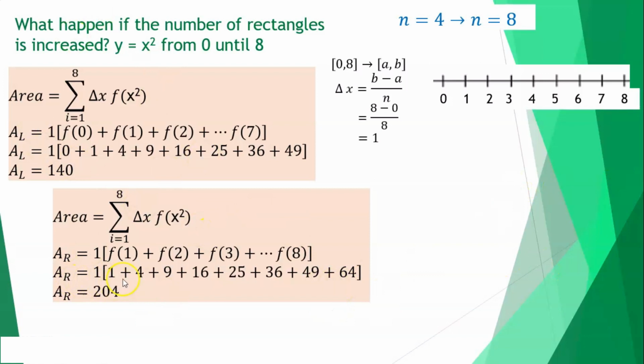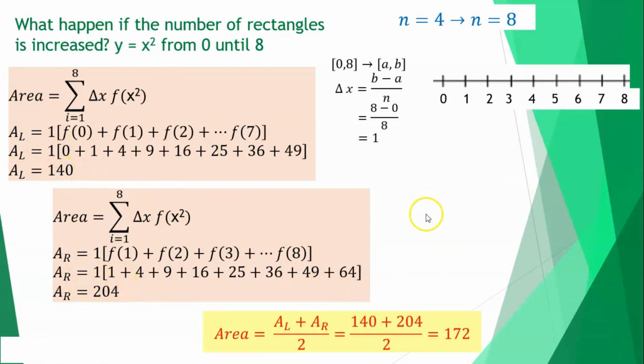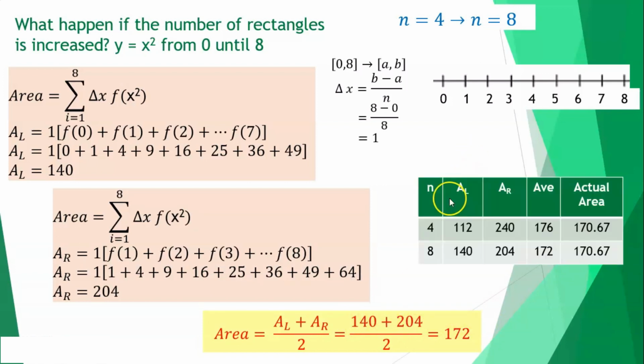So take note, this is over approximation and this is under approximation. So get the average. So that's 140 plus 204 divided by 2. That's 172. Now let's compare and contrast. So take note, if the number of rectangles is 4, left is 112, right is 240, average is 176, the actual area is 170.67.